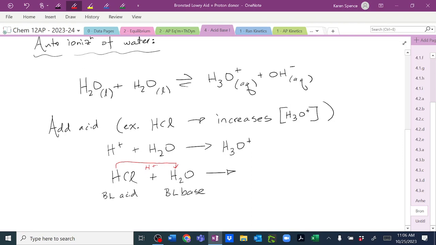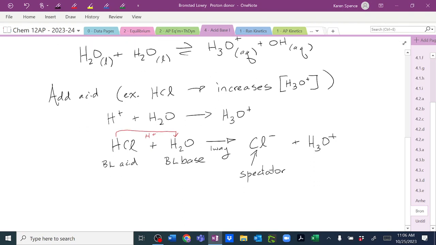HCl is giving it off, it's giving it to water. And we're left with Cl minus, which is going to be a spectator ion. It's just going to hang around and do nothing. And what's our other ion that we have? H3O plus. And this is a one-way arrow. So this is what is really happening. This is reality.